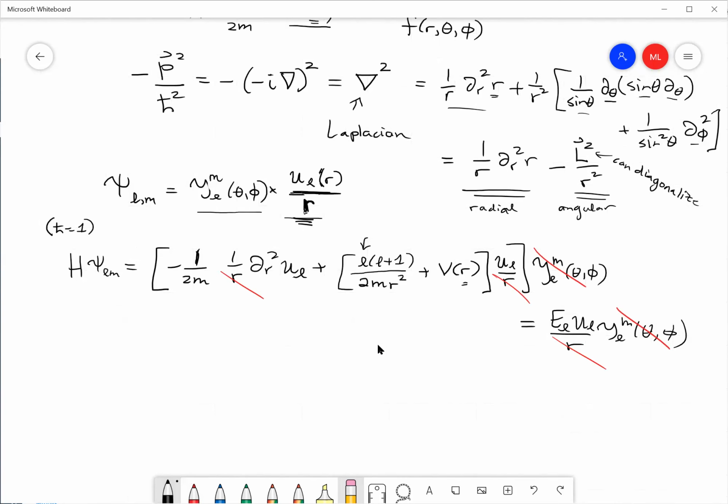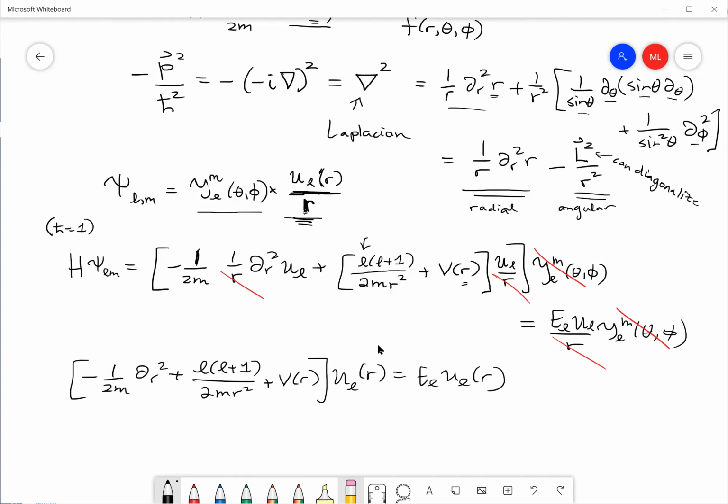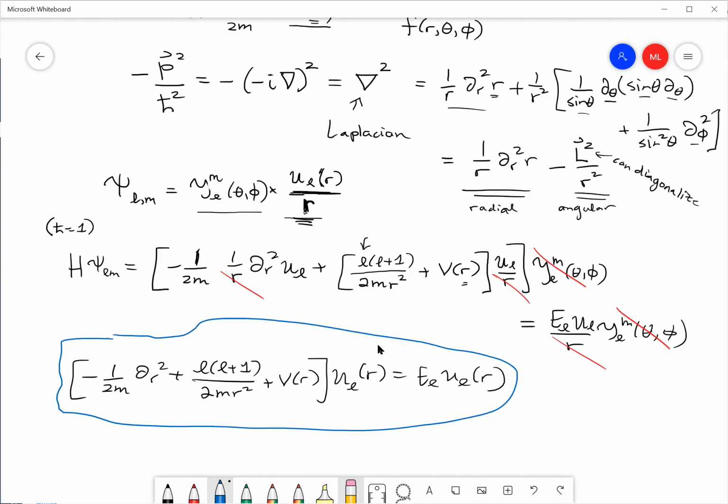Now it reads very nicely. You just get an ordinary differential equation for the u's. You get two derivatives with respect to r. You have the centrifugal term, which depends on L. This is the important equation to solve for any kind of spherically symmetric potential.